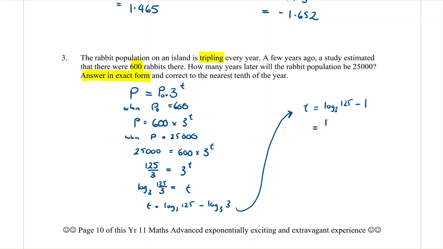So it would be log base e or ln of 125 over ln of 3. Okay, doing a change of base. Then you are able to type that into your calculator and we get an answer of 4.4 years. That's rounded to the nearest tenth, which is 1 decimal place.